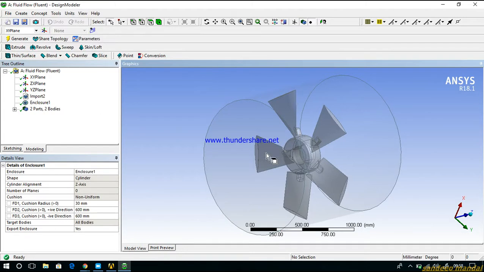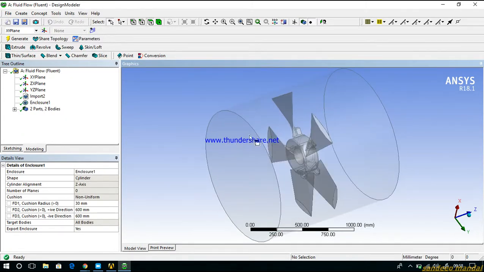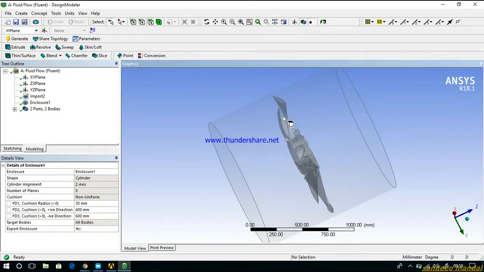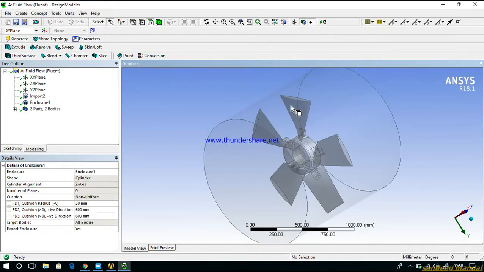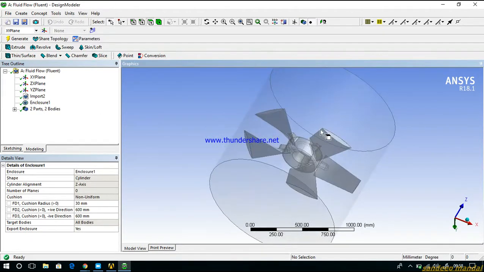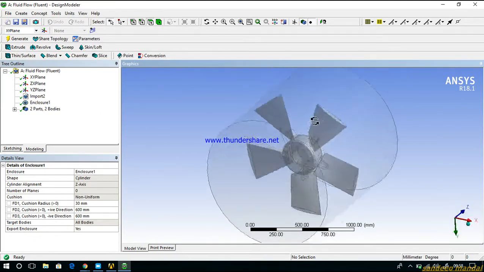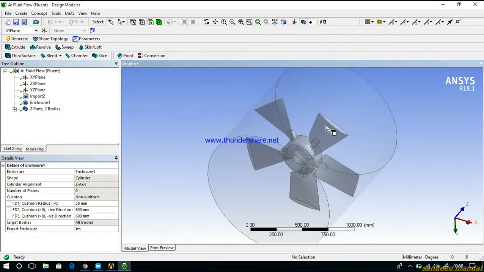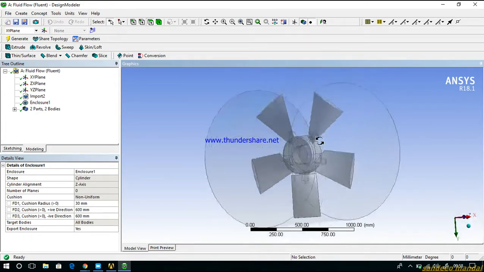When the air velocity comes from here, it gets struck by this blade, and we get drag force, lift force, total pressure, static pressure, and turbulence level from the trailing edge. By analyzing this result for different geometries, we can conclude which blade is giving better performance.